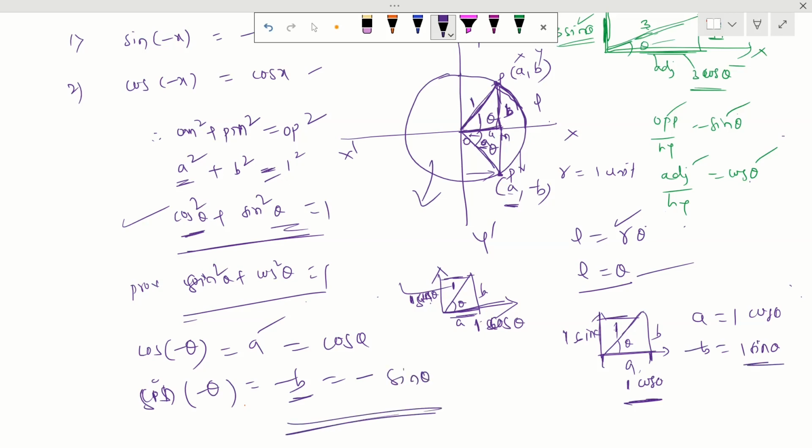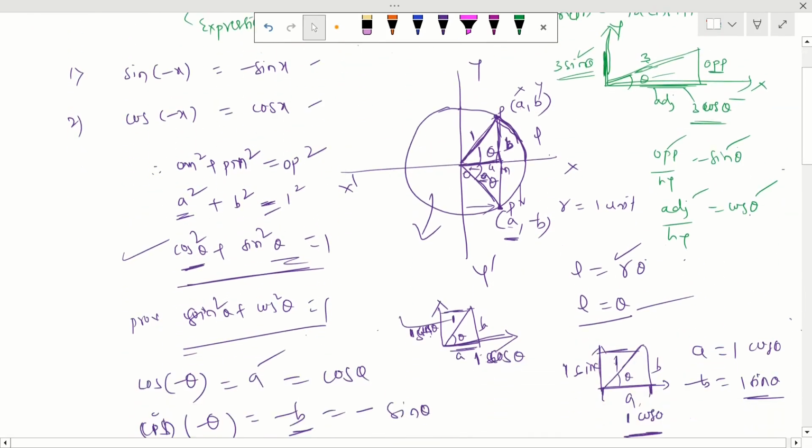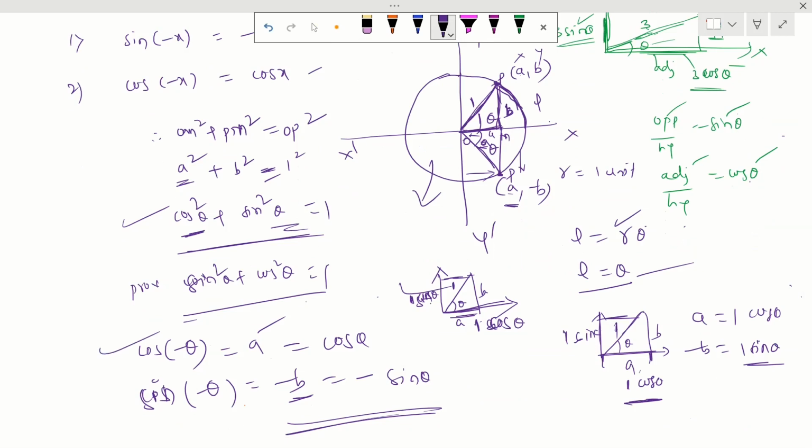Hence it is proved. So cos of minus theta is equal to cos theta, and sin of minus theta is equal to minus sin theta.